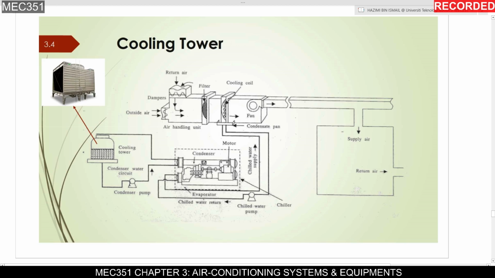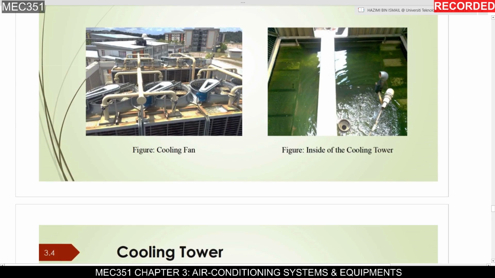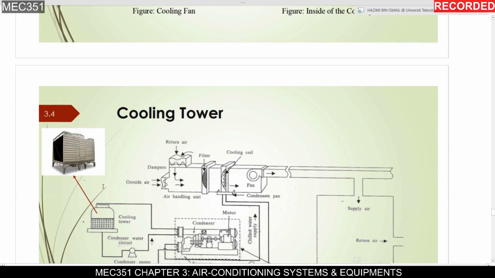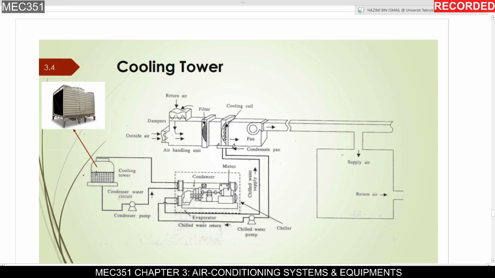So when it comes to the cooling tower here, the water will transfer heat to the surrounding air. That's why the water drops from up here to the bottom where we find this water reservoir, and the air will pass along the water droplets.